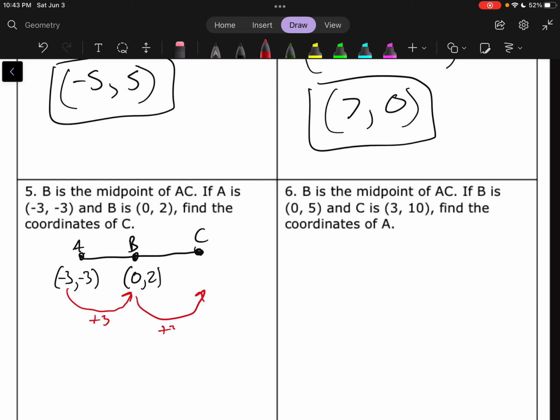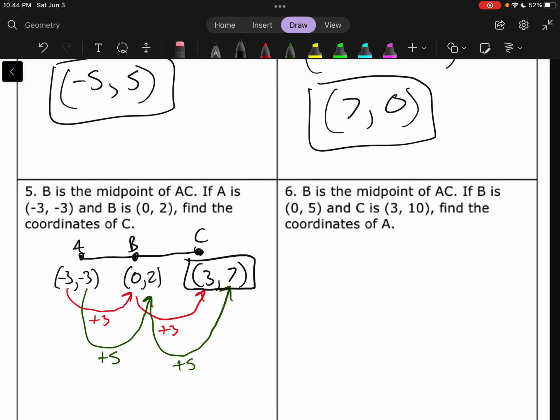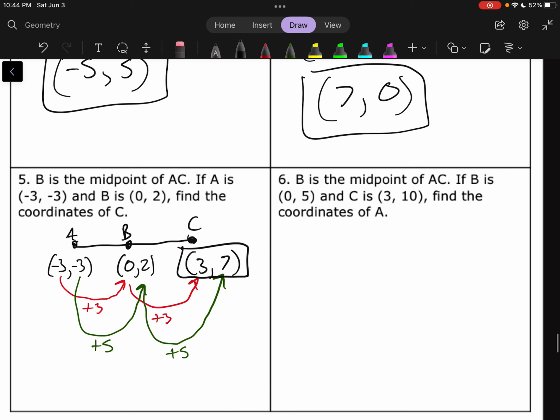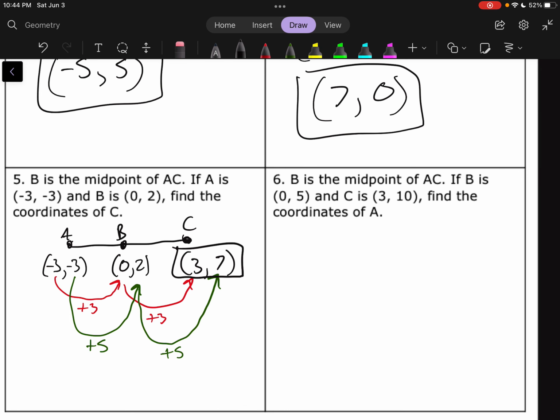So let me add 3 again. 0 plus 3 gives me 3. To get from -3 to 2, you got to add 5. So 2 plus another 5 would give me 7. So (3, 7) would be where C is. Of course, you could do it the other way that we did before. I'm just trying to show you multiple ways on that one.